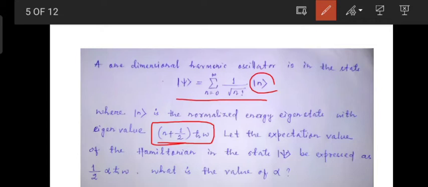Let the expectation value of the Hamiltonian in the state psi be expressed as half alpha h cut omega. Then what is the value of alpha? Okay. Now psi is given, and we have to find out the expectation value of H.